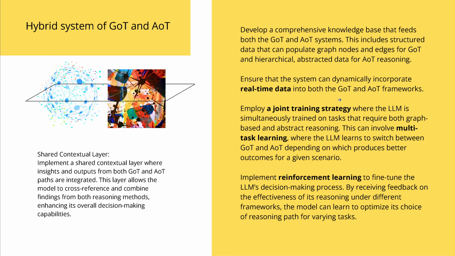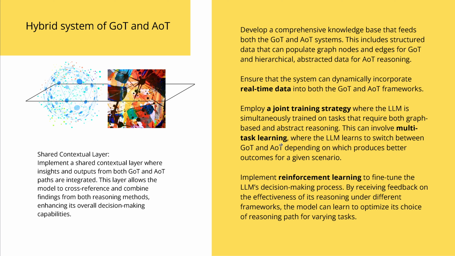Because it's not working if we have two engines and we retrain engine A and then retrain engine B. No, we have to have a joint training strategy because we want the utilization of the benefit of this hybrid system. We don't want two systems that we switch on and off. Another thing that I was fascinated with was this multitask learning approach.